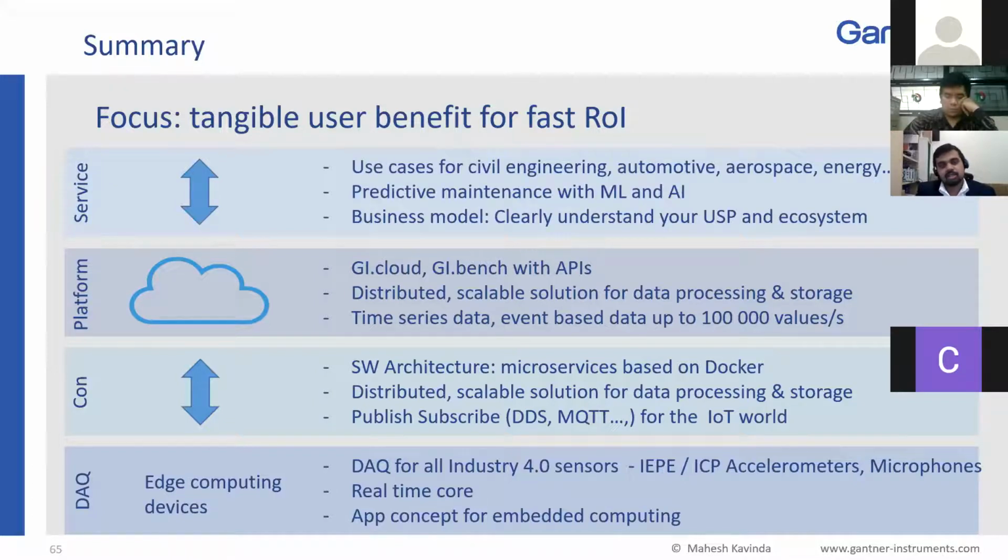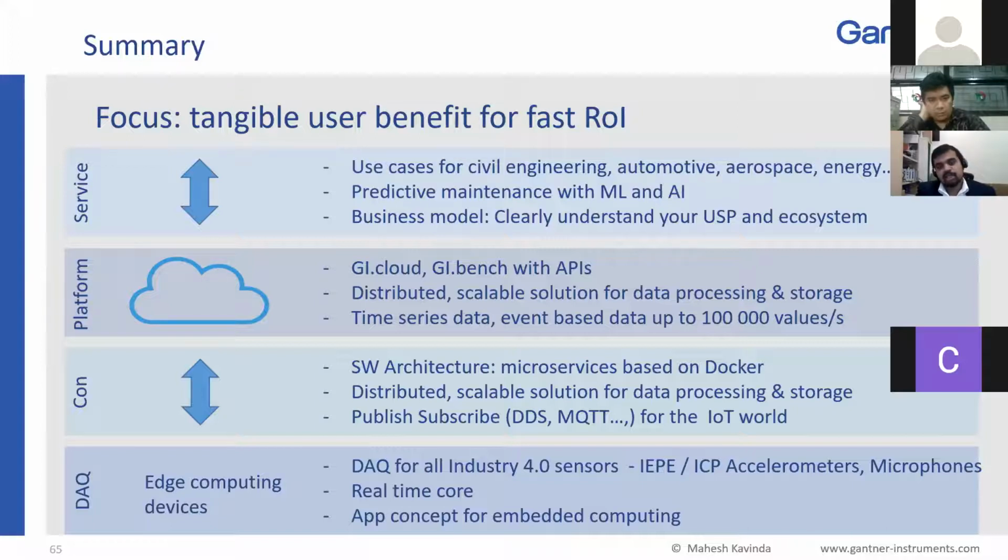And as a service, all the cases apply in civil engineering, automotive, aerospace, energy, and predictive maintenance with machine learning and AI. It can also create a certain business model for different user experiences or different R&D projects or new OEMs, or even for a new ecosystem.